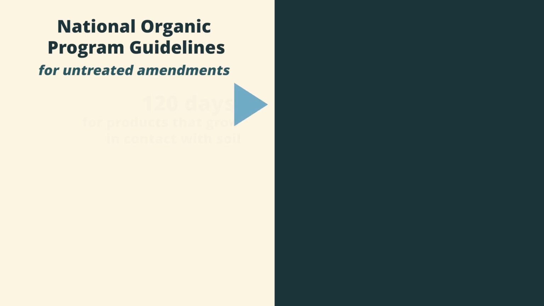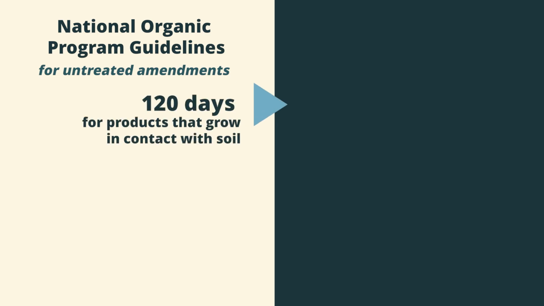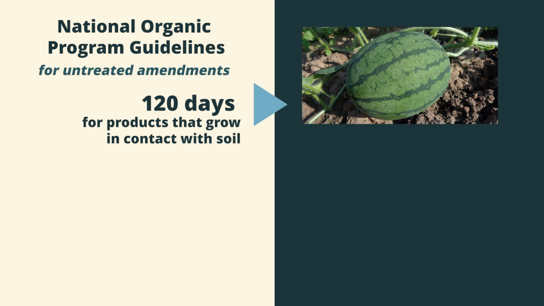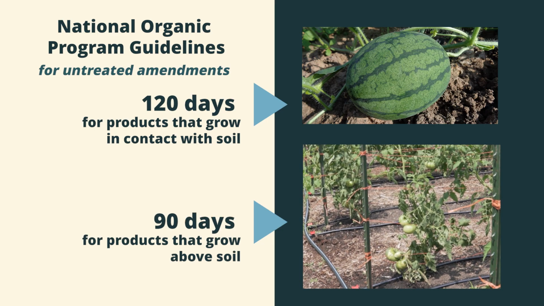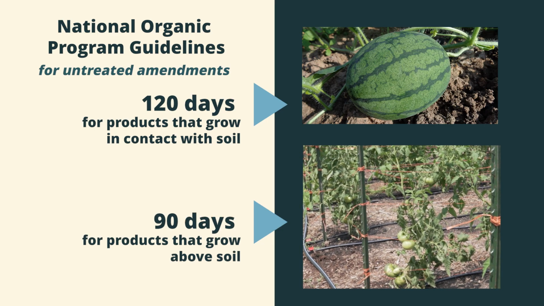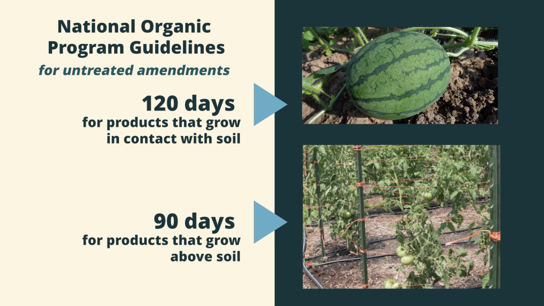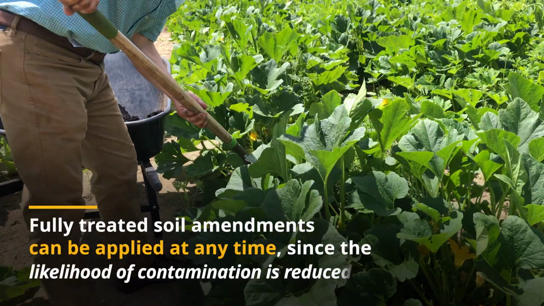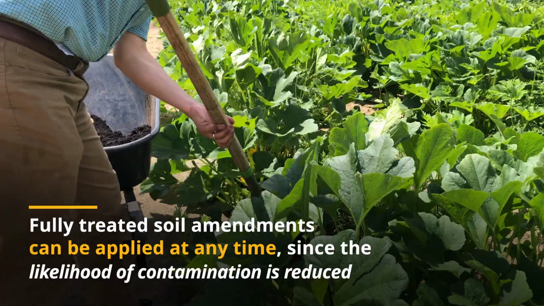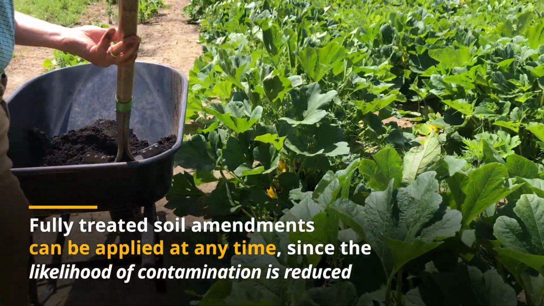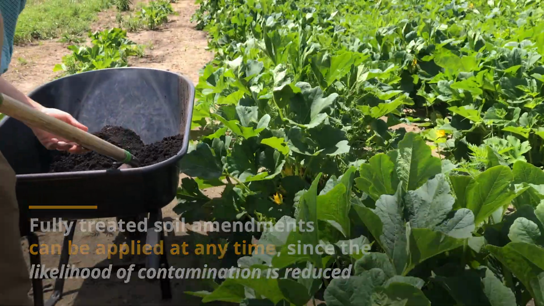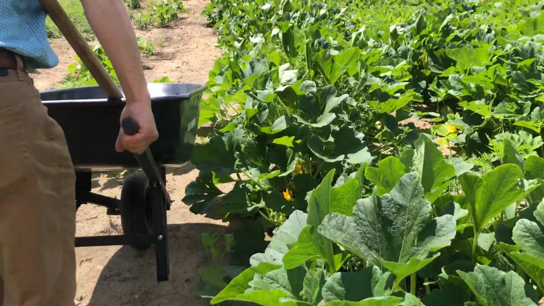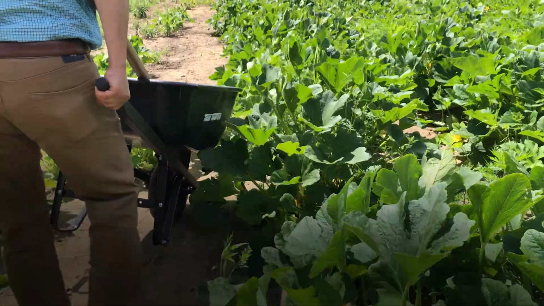These guidelines say to wait at least 120 days between application of untreated manure and the harvest of products that grow in contact with the soil, like melons, and 90 days between application of untreated manure and harvest of a product that grows above the soil, like trellised tomatoes. Fully treated soil amendments can be applied at any time, since the likelihood of contamination with these products is greatly reduced. You should still apply treated products in a manner to minimize direct contact with the produce.